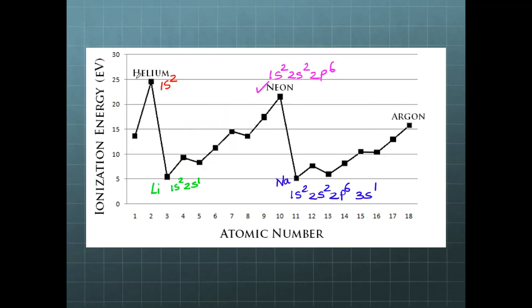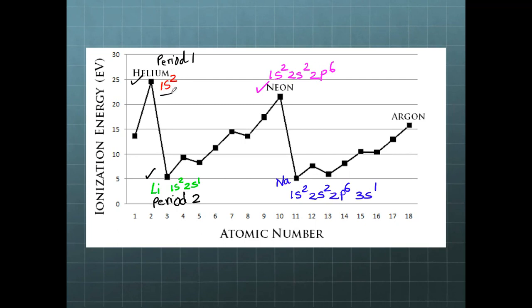Let's discuss what's happening from helium to lithium here. We see a big drop in the ionization energy from helium to lithium. The reason is helium is in period 1, and as we move to lithium, we are now in period 2. We can see that from the electron configuration also.